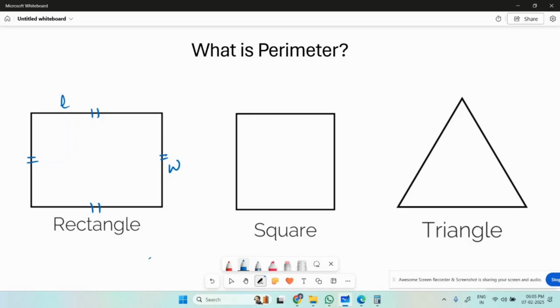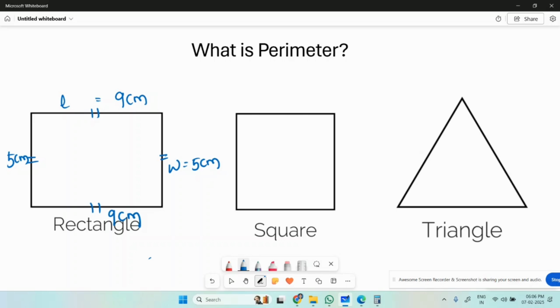Let's take length as 9 centimeters, width as 5 centimeters. To find the perimeter of a rectangle, we have to add up all the sides. If one side is 9 centimeters, the opposite side is also 9 centimeters. If one side is 5 centimeters, the opposite side is also 5 centimeters.